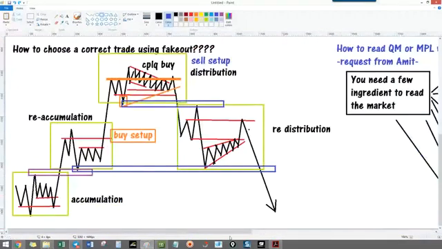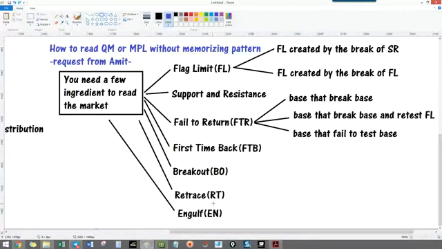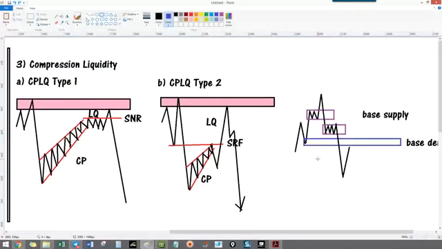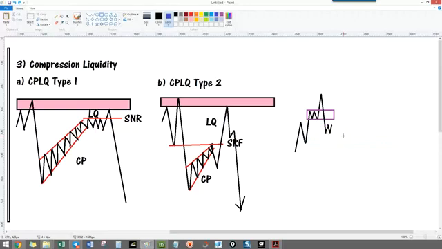So I already taught RT, retrace breakout. The best one should be something like this. You have a flat limit here. The best one should have an FTB, first time back, go up and broken down. So this is an FTB.